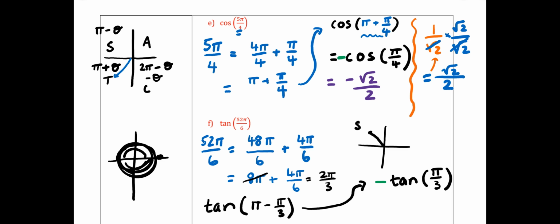And referencing that table, I can find that tan of pi on 3 is equal to root 3 on 2. And that's got to be negative because it's in the second quadrant. So the answer here would be negative root 3 on 2.